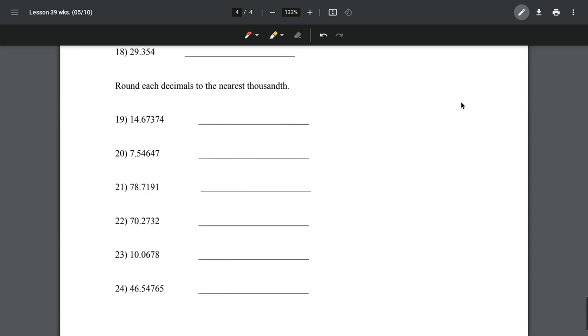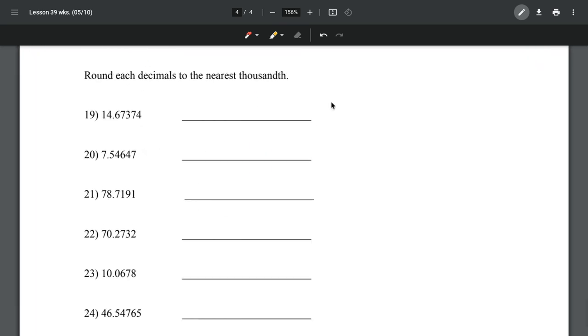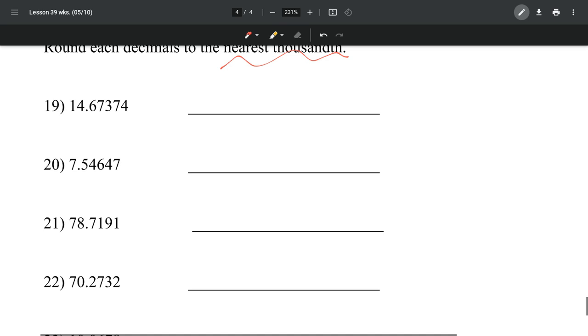And last but not least, for number 19 and 20, we're rounding to the nearest thousandth. We have 14.67374 for number 19, and our thousandths place is right there.